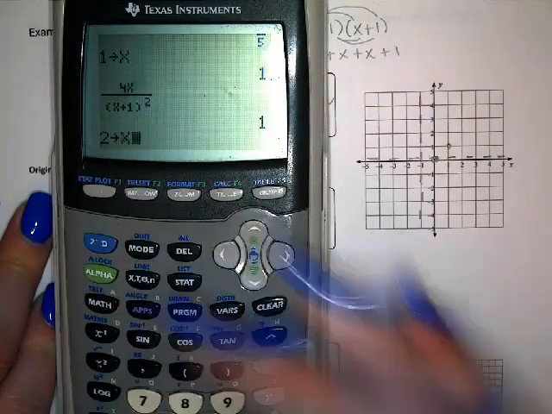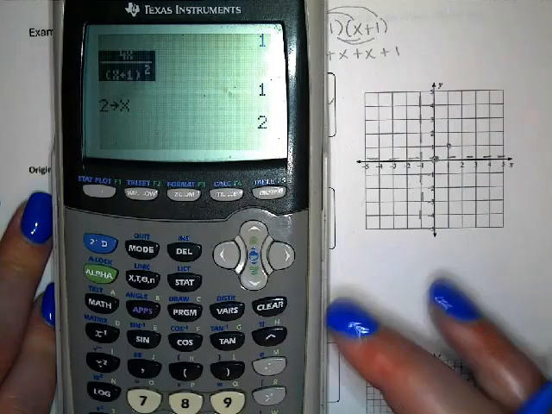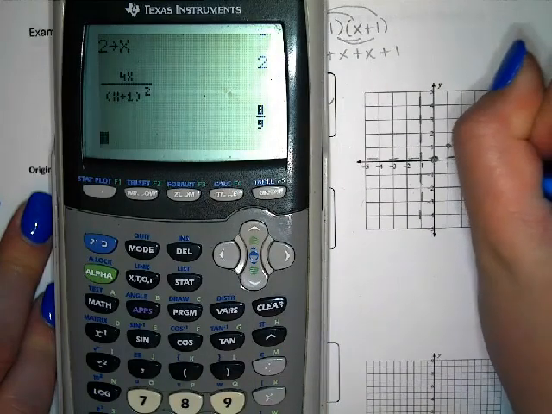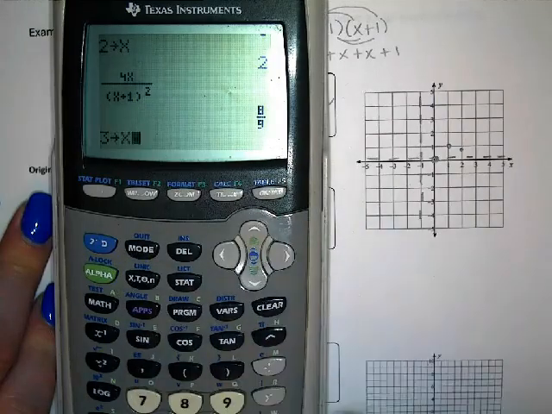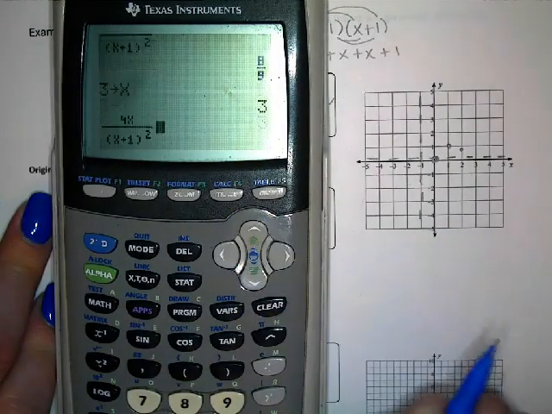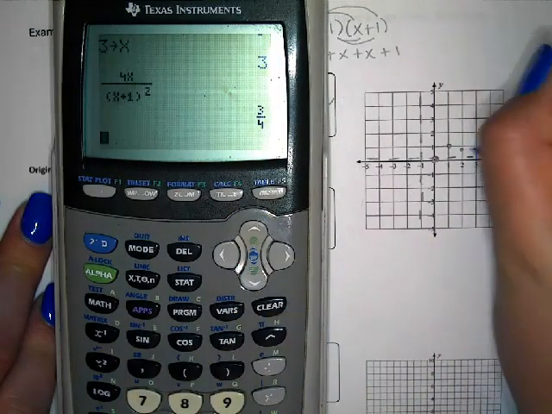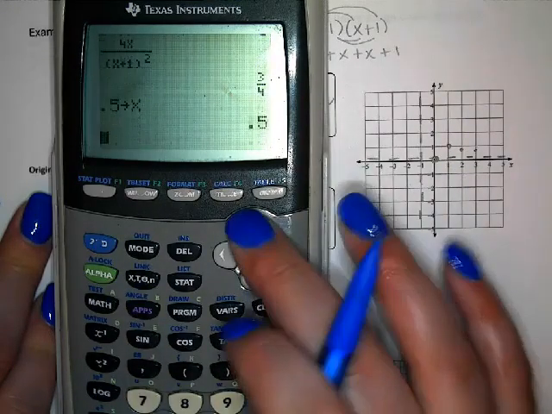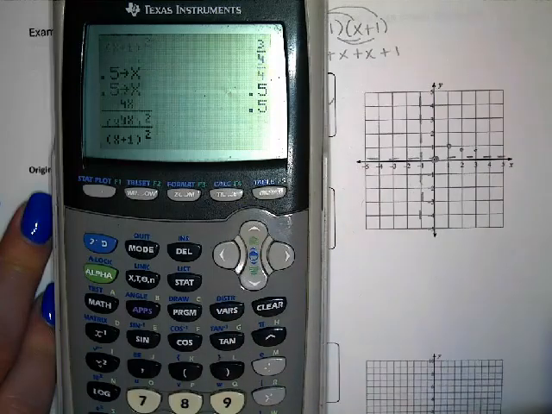When I plugged in 2, I got almost 1. So it's going down. Let's plug in half. Oh, not half, negative half.